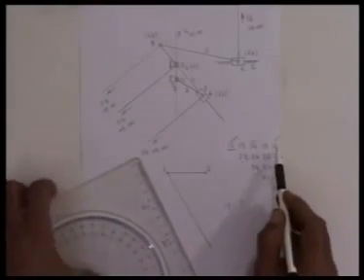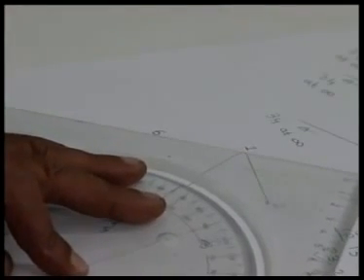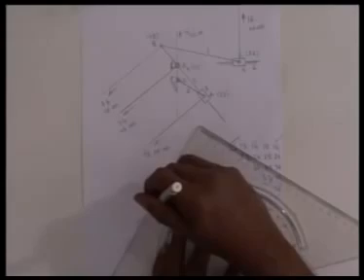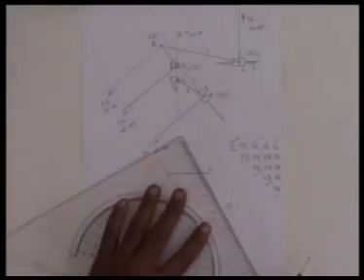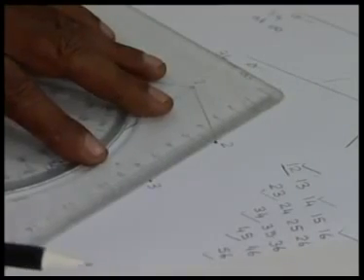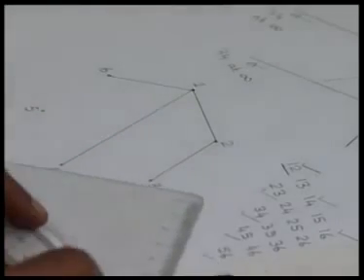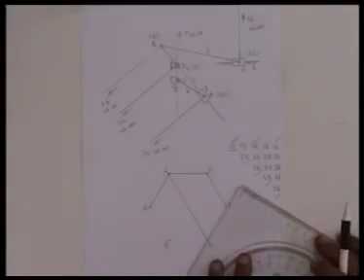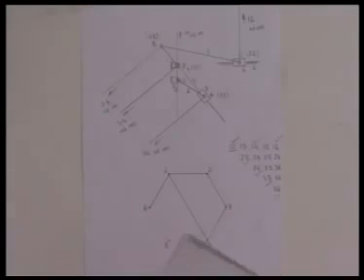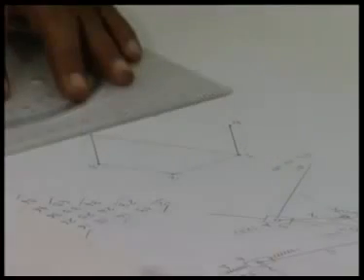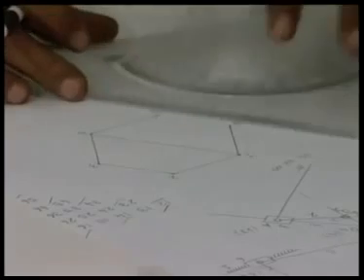I have determined 1 6, so I join 1 and 6; 2 3, so I join 2 and 3; 3 4, so I join 3 and 4; 4 5, and 5 6.